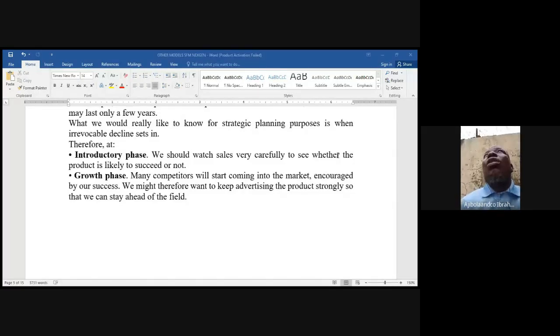Nobody is sure that a particular product is going to be accepted in the market, no matter who produces it, no matter the strength of production. Coca-Cola remains the highest brand in the world today, yet they introduced products in Nigeria that collapsed. Some of them rose up again. Some we didn't hear about again.